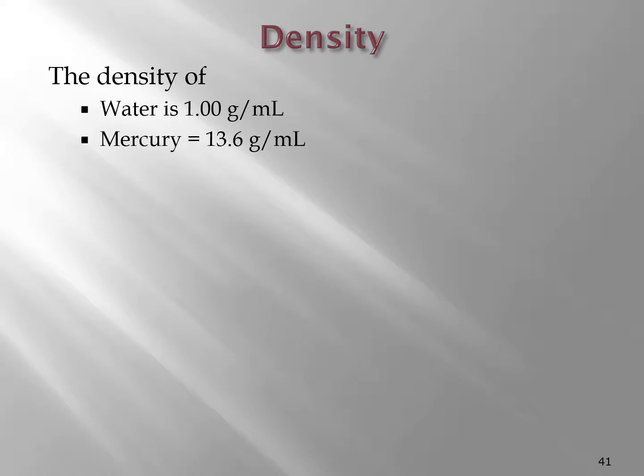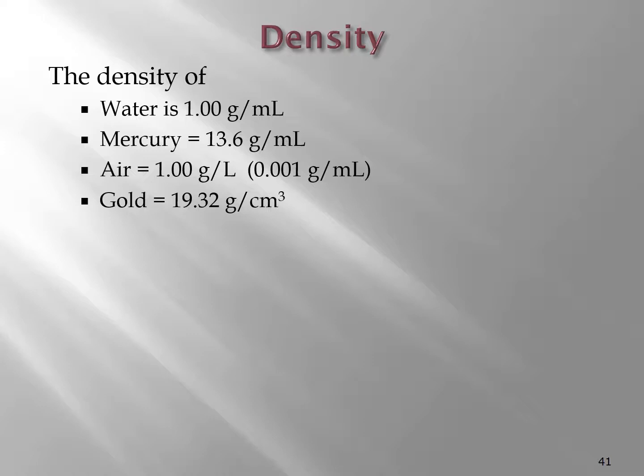So mercury is very, very dense, and 1 milliliter of it will be 13.6 times heavier than 1 milliliter of water. Air has a density of 1 gram per liter, which is the same as 0.001 gram per milliliter. So you can see it's about 1,000 times less dense than water. Gold is one of the most dense elements, and it's 19.32 grams per centimeter cubed.